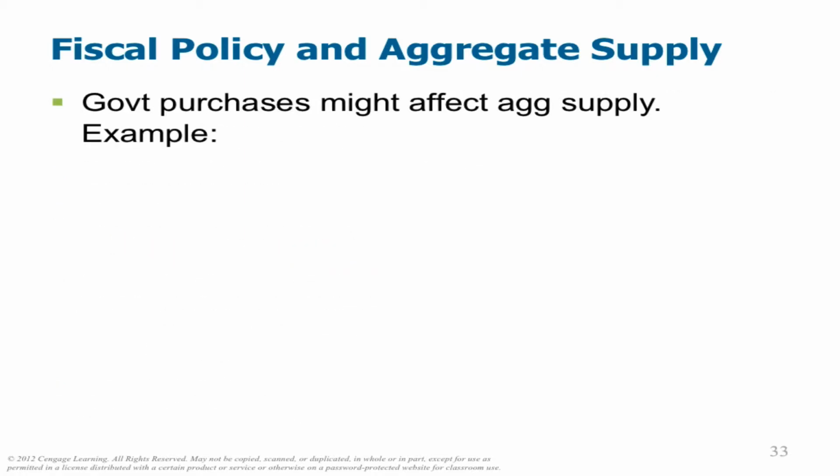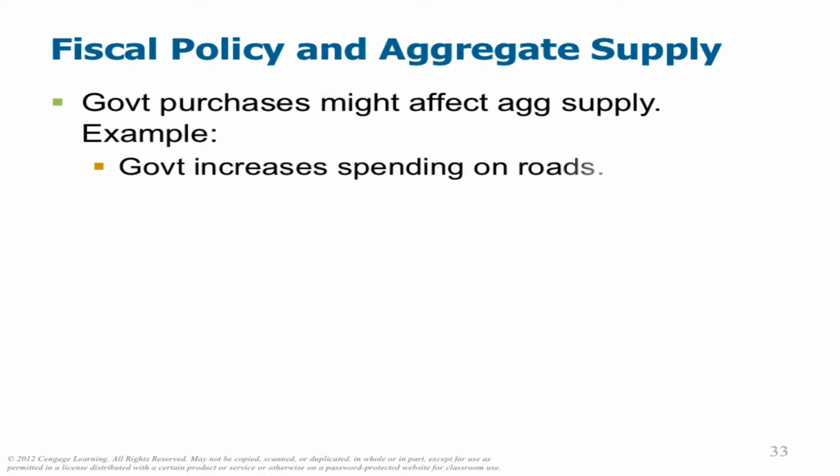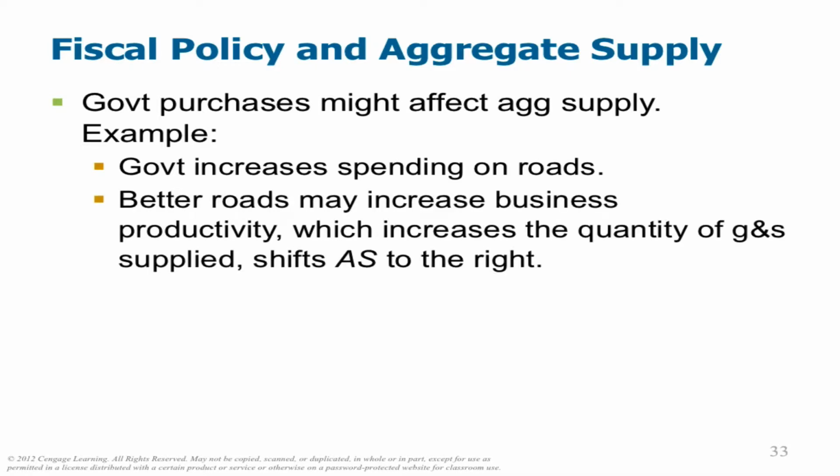Government purchases can affect aggregate supply. If the government starts spending more money on roads, better roads, more roads, businesses can transport their goods faster, so that might make them more productive, might increase the quantity of goods and services, might result in a shift of aggregate supply to the right.